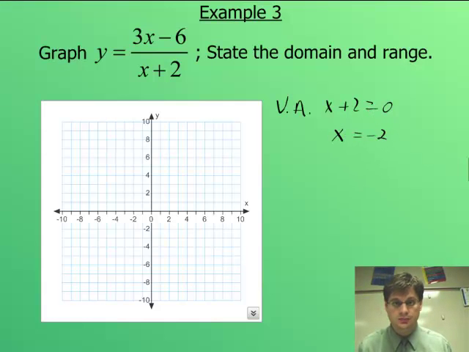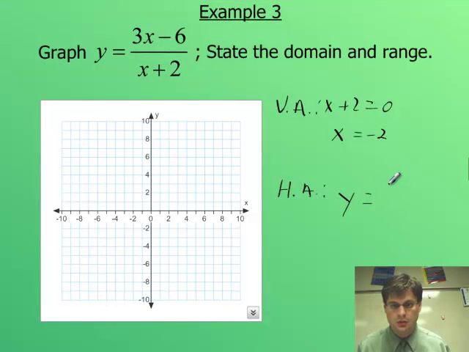So my vertical asymptote would be located there, and my horizontal asymptote would be found by looking at our two coefficients here. So 3 and what looks like 1 located there. So I would say y is equal to 3 over 1 or just 3.